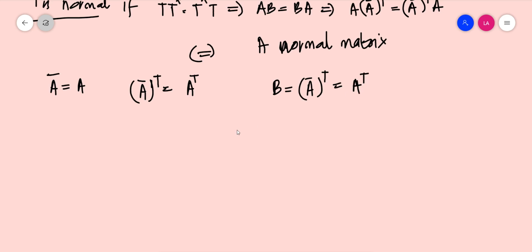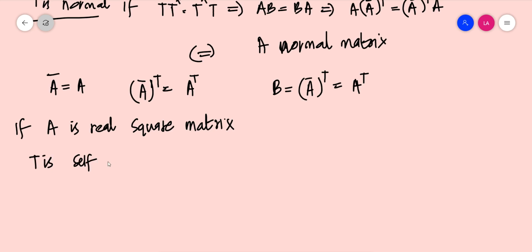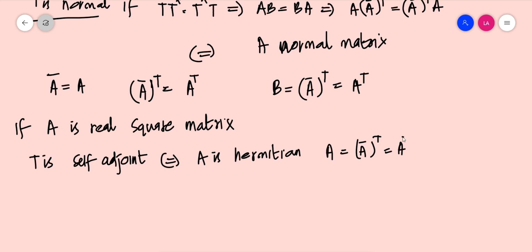So on the real space, if A is a real square matrix, T is self-adjoint if and only if A is Hermitian, meaning A is equal to A conjugate transpose, which is equal to A transpose, because A conjugate transpose is equal to A transpose in the case of a real matrix.